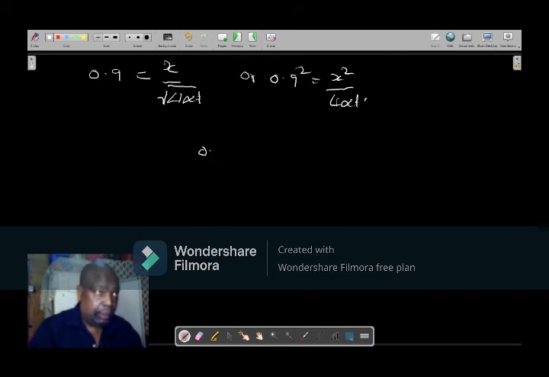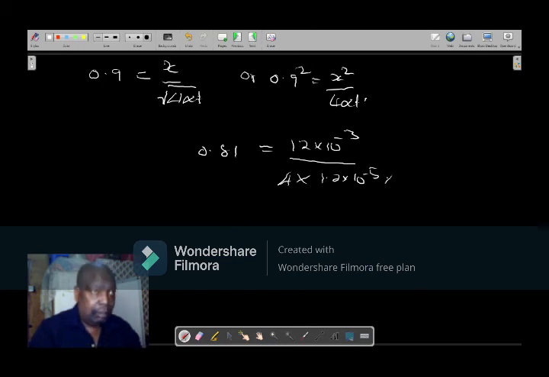So 0.81 equals 12 times 10 to the power of negative 3, squared, divided by 4 times 1.2 times 10 to the power of negative 5 times t. From this you'll get t equals 3.7 seconds.